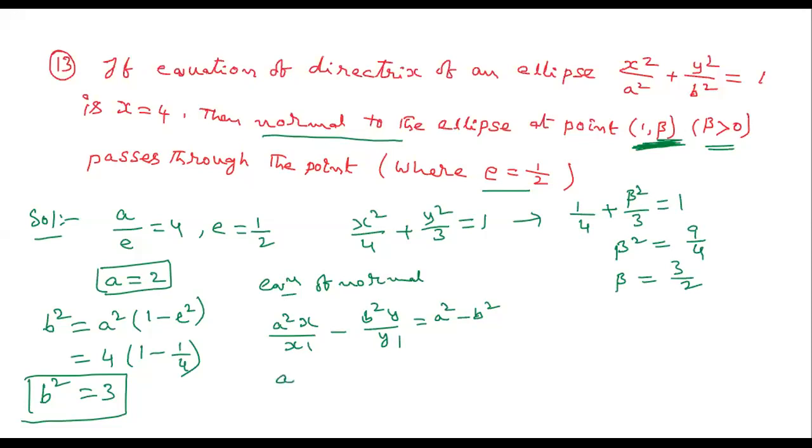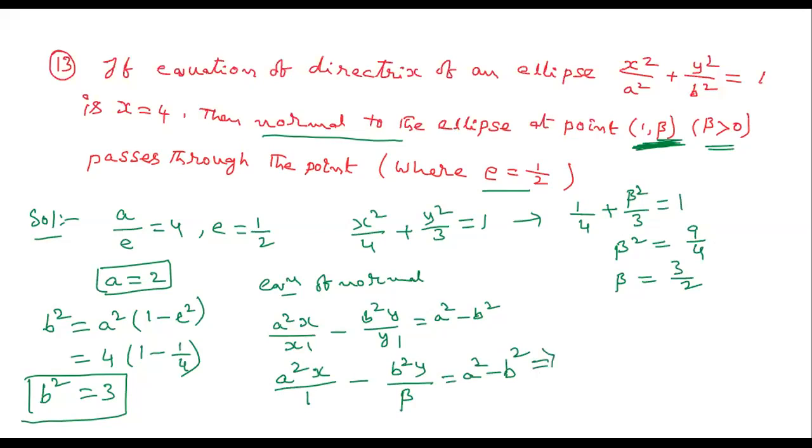a square x divided by x1 minus b square y divided by y1, that is beta, is equal to a square minus b square. What is a square and b square value? Already we know that.